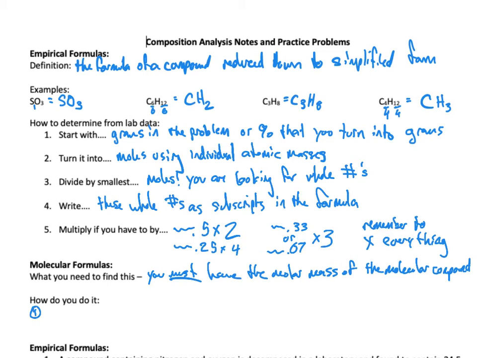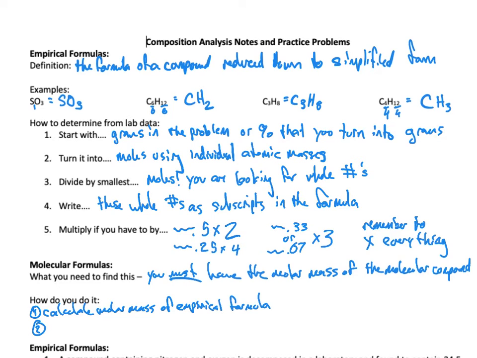Step 1 is to calculate the molar mass of the empirical formula. So either because you've found the empirical formula in a previous step, or they've given you the empirical formula. Regardless, you calculate the molar mass of the empirical formula.